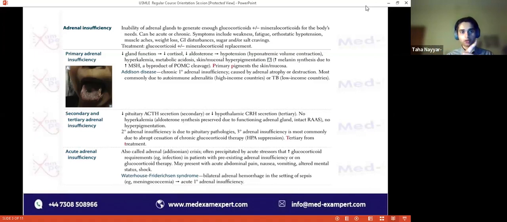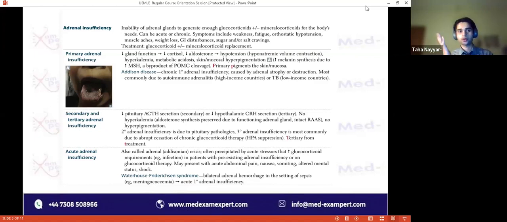So zona glomerulosa releases mineralocorticoid, which is basically aldosterone. Then F is for fasciculata, which corresponds to sugar, meaning cortisol. So zona fasciculata releases cortisol, which is very important. And then the innermost layer is the reticularis. It basically produces the androgens, mainly DHEA.